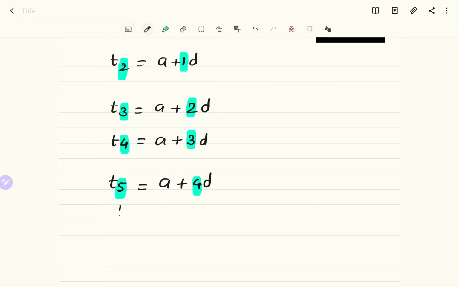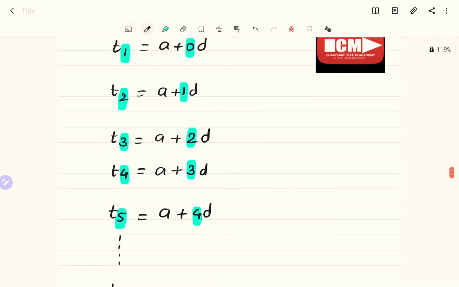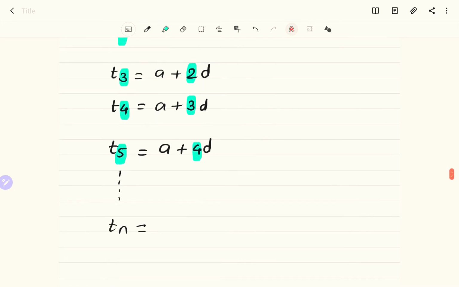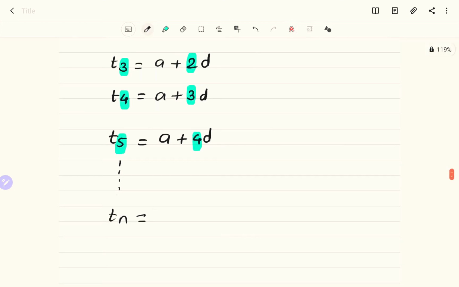What if I want the nth term, any random term in an arithmetic progression? If you observe, in each and every term, this A is present everywhere, so just follow this structure and this entire observation for the nth term. This A, I am writing directly.